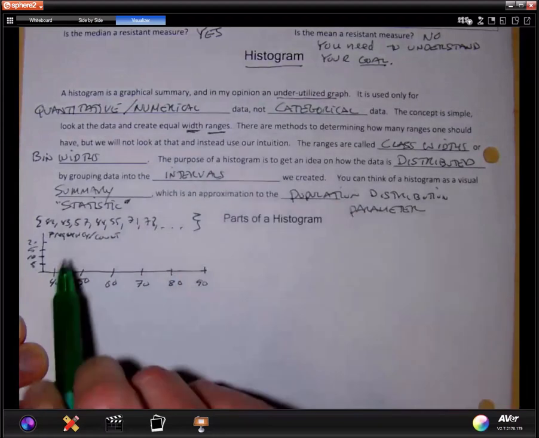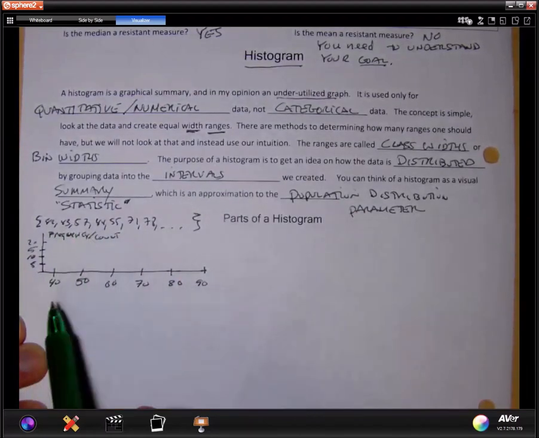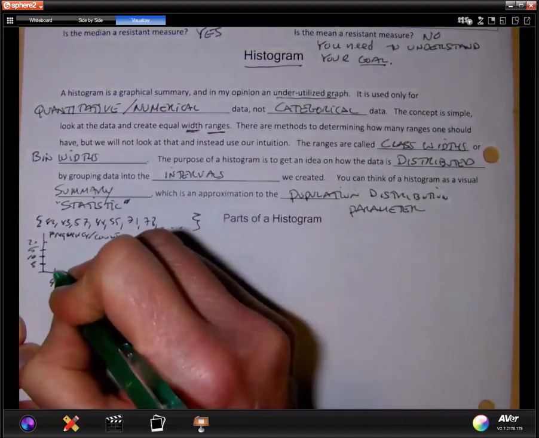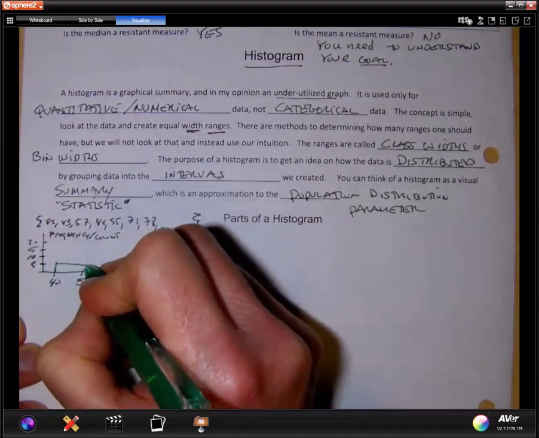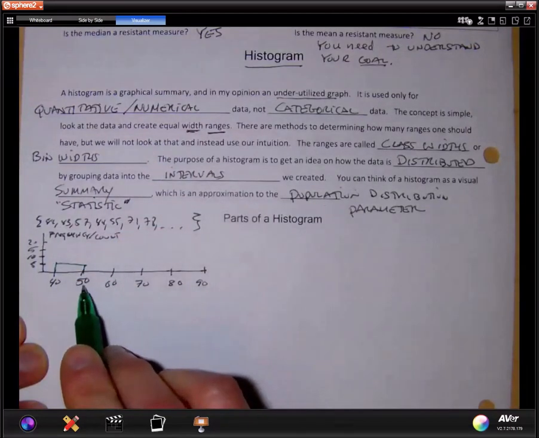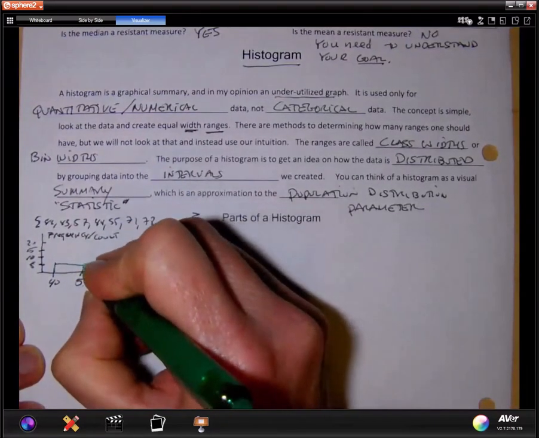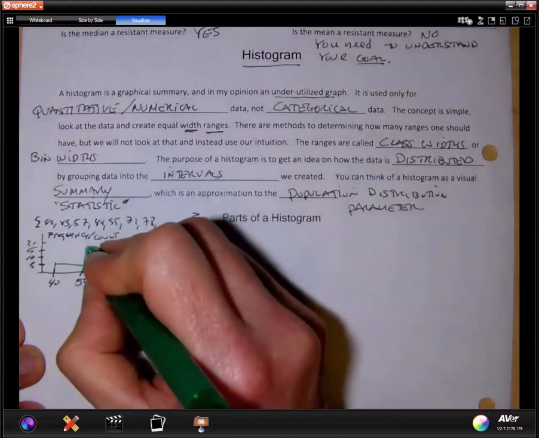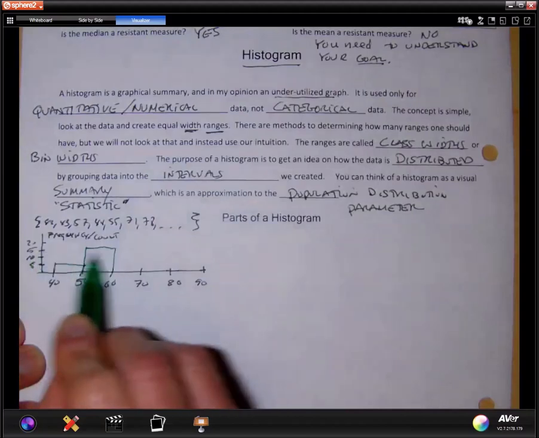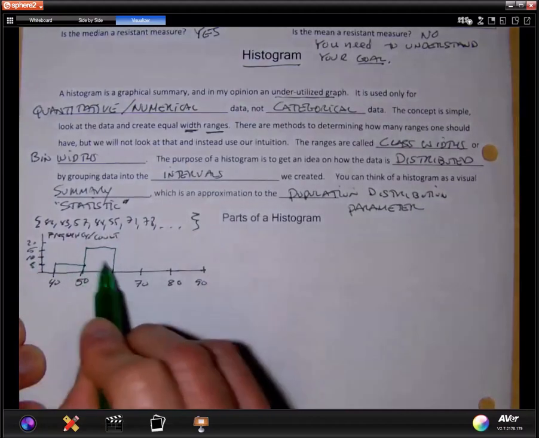So now what we do is we start counting, like how many fell into 40 and 50. And let's say, just to make it quick, I'm counting, and say I counted 5. So then you would have a rectangle that would rise to 5. Suppose that between 50 and 60, there were 15. So over here to 15, I counted 15 that fall here. Again, making these numbers nicely lined up, but of course it could be 12, 13, whatever, but 15.